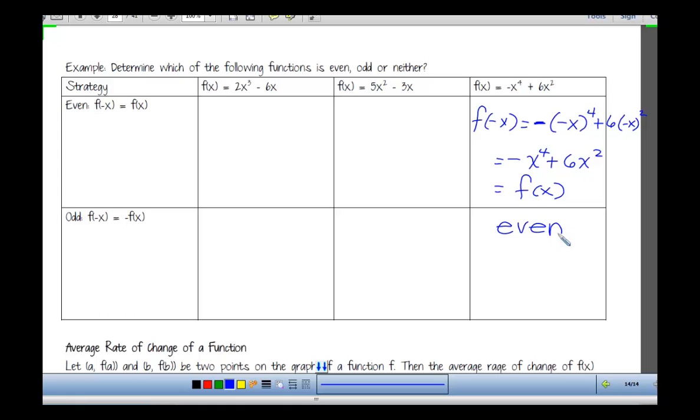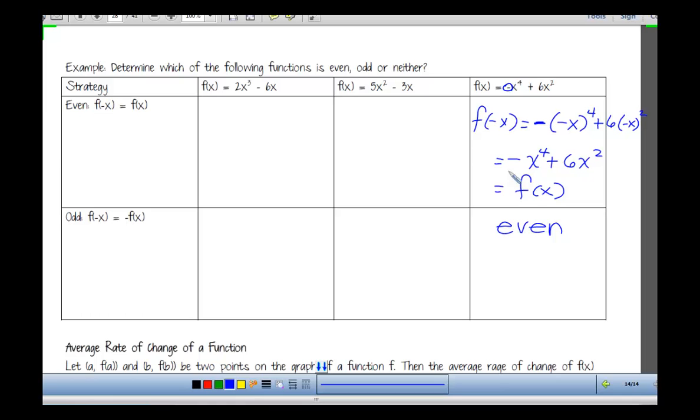Okay, how many people said that it was even? Questions about this? Those negatives, you got to be really careful about them and make sure you're evaluating them correctly. We had a negative out front. That negative that's right here in the front, it's not raised to the 4th power. So he's still going along for the ride.